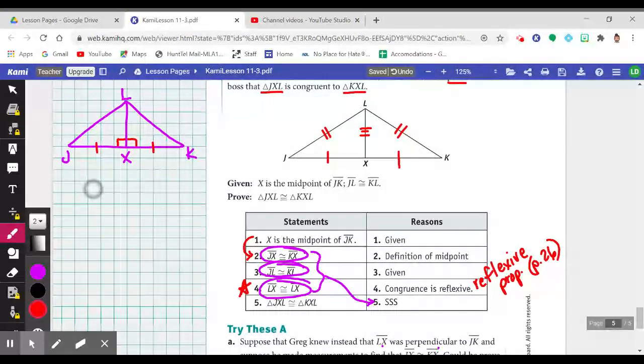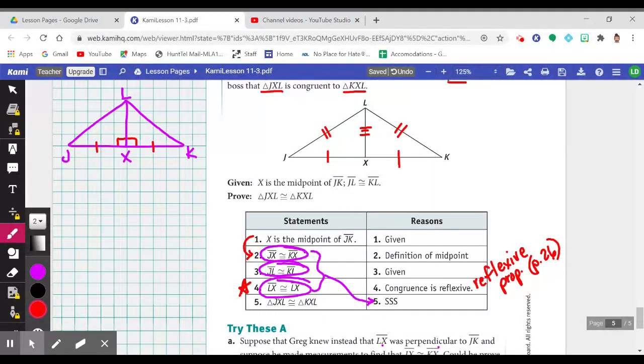So let's think about how we could prove these 2 triangles congruent. Well, we have one pair of corresponding sides congruent, and we know that if this angle here, JXL, is 90 degrees, and this angle here, KXL, is 90 degrees, 2 right angles are congruent.